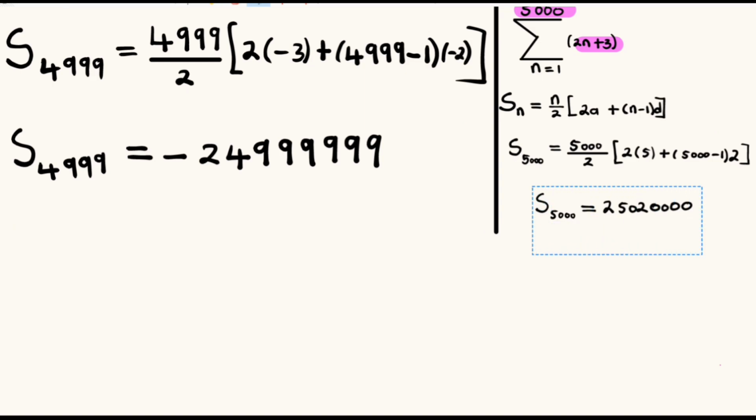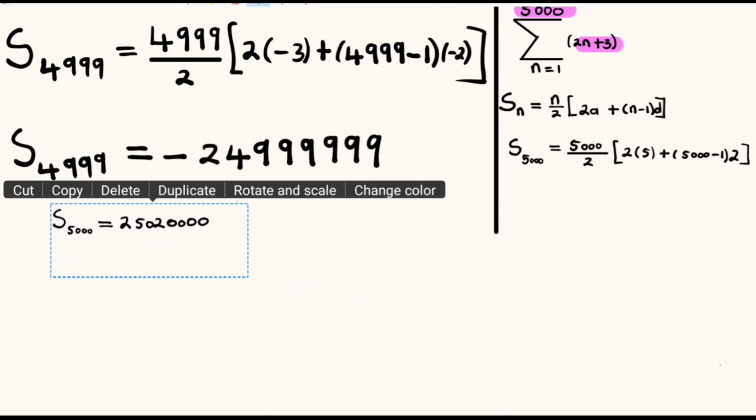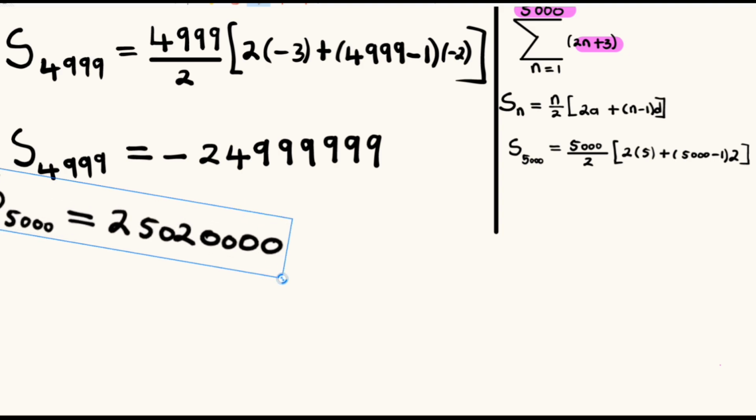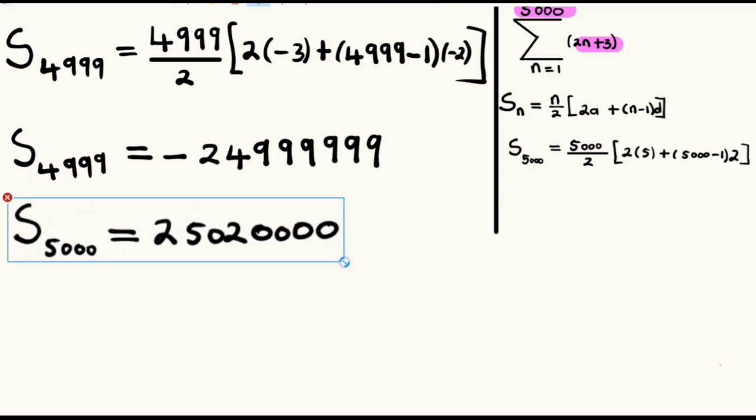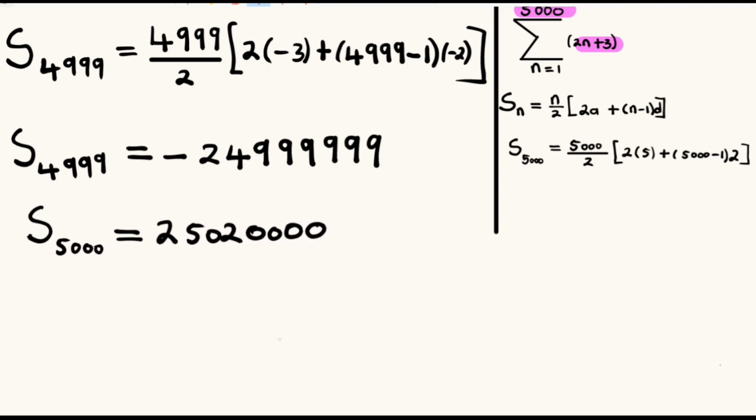So the first sum to 5,000 terms we determined to be 25,020,000. So we add the sum to 5,000 terms because in the middle there we had a positive sign.